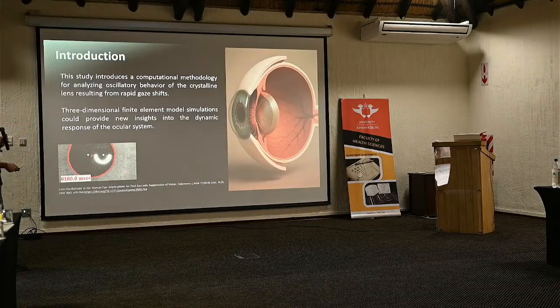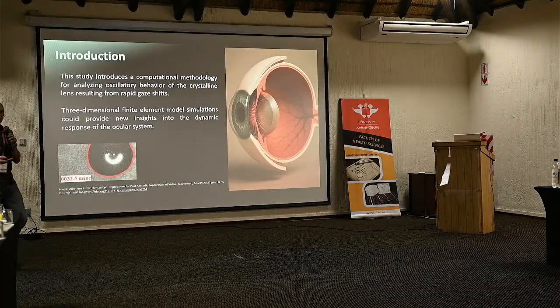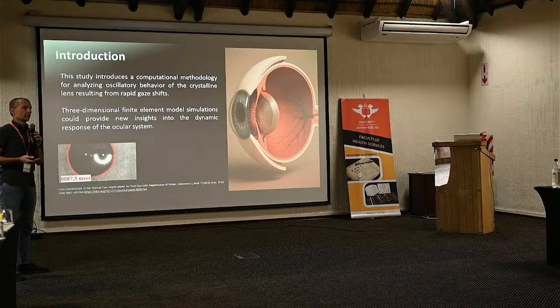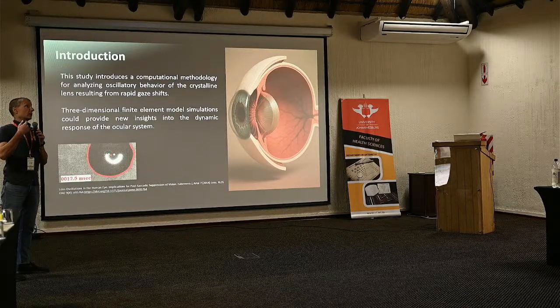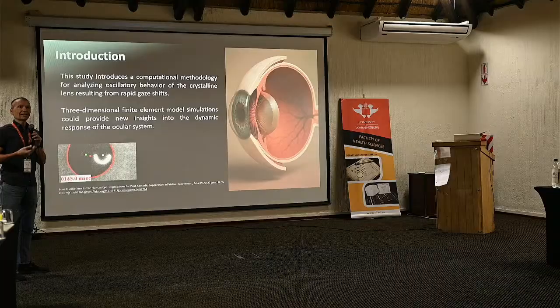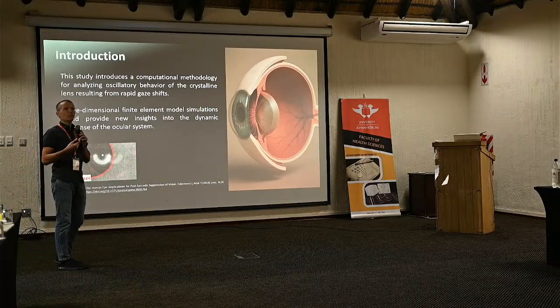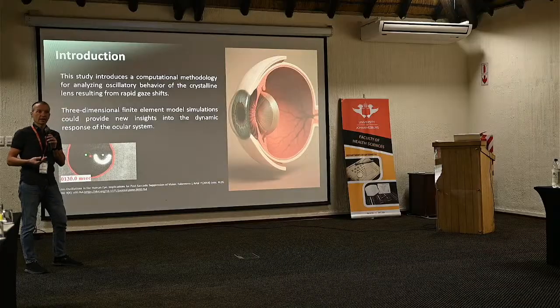So our idea is to develop a 3D computational model able to simulate this phenomenon in order to have a better understanding of what really affects the movement of the lens inside the eye.